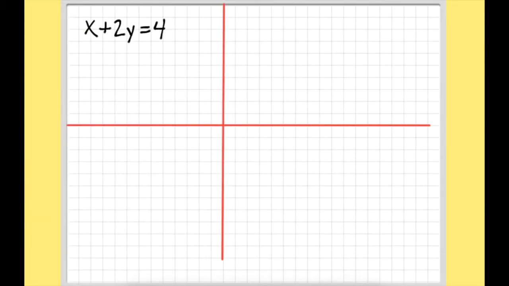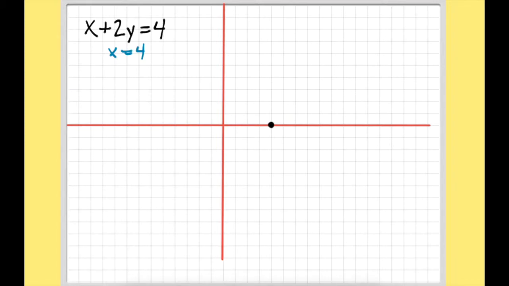So let's try graphing the line x plus 2y equals 4. To find our x-intercept, first we plug in 0 for y. If we plug in 0 for y, we get x equals 4. That's our first point.